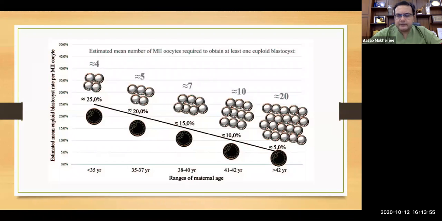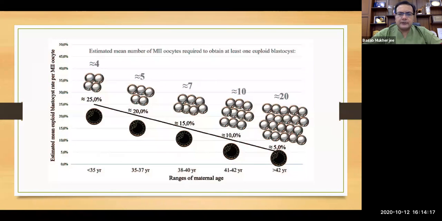This is a little different from the normal age-related decline in fertility which we are accustomed to seeing. In this graph, you can see the estimated mean number of M2 oocytes required to obtain at least one euploid blastocyst keeps on increasing with increasing age.